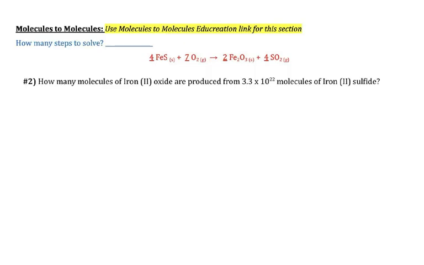All right. One more, again, this one's going to be 3 steps, that molecule to molecule. And we see that cancellation with that Avogadro's number, but we still need to make sure we're setting these up correctly when we show our work.